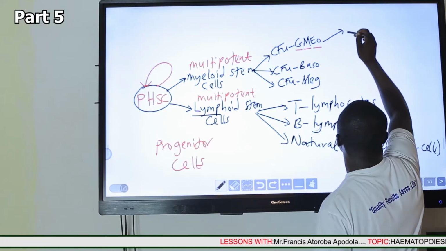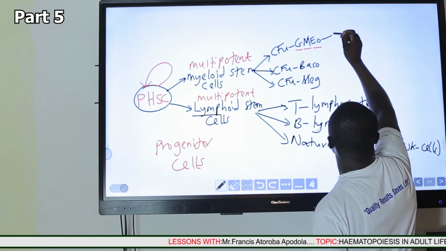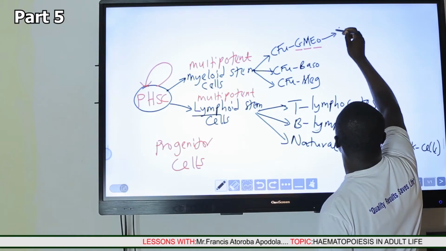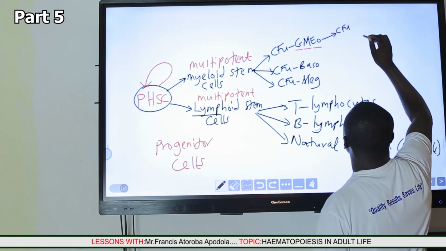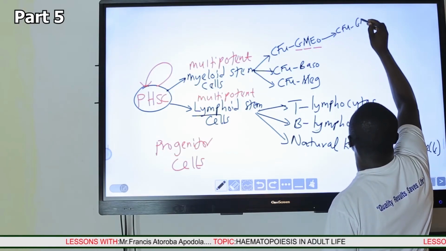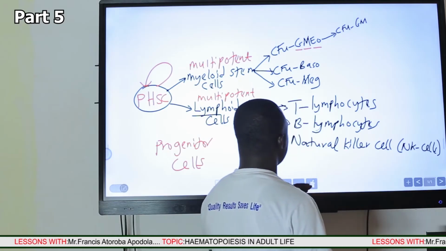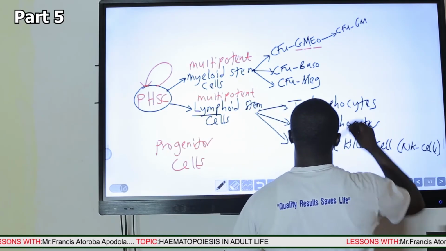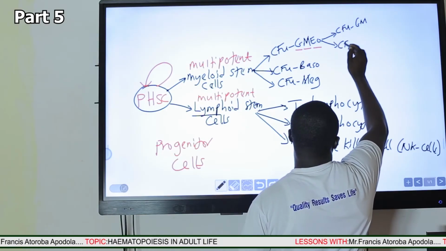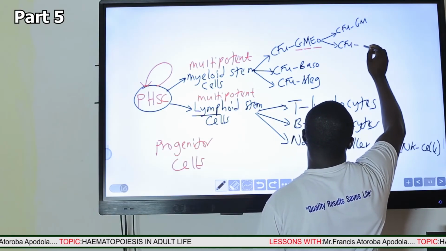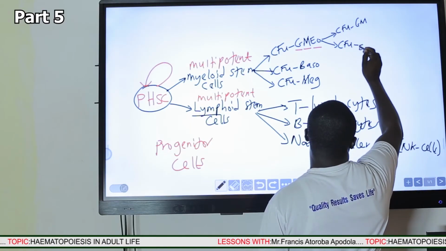It will undergo further differentiation to form colony forming units: the GM, that is granulocyte monocyte colony forming unit, and the colony forming unit eosinophil.